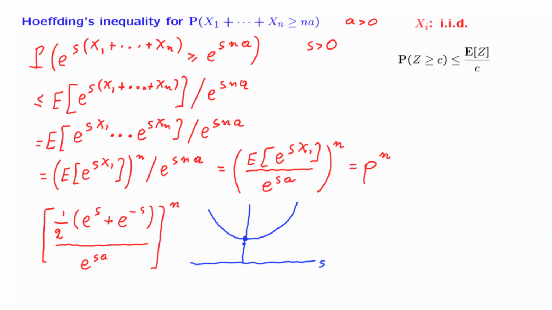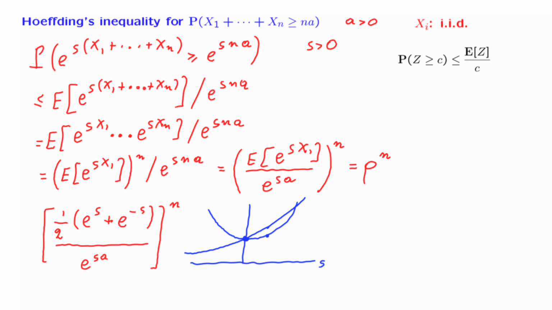Let's look at the denominator term. The denominator term is an exponential. A is a positive number, so it's an exponential that has a shape of this kind. The important thing to notice is that this exponential has a positive derivative at 0. What does that tell us? That at least in the vicinity of 0, this term, the denominator, is going to be larger than the numerator term.